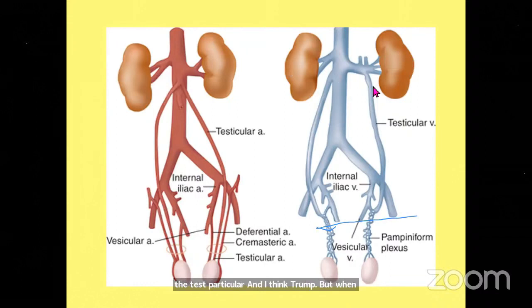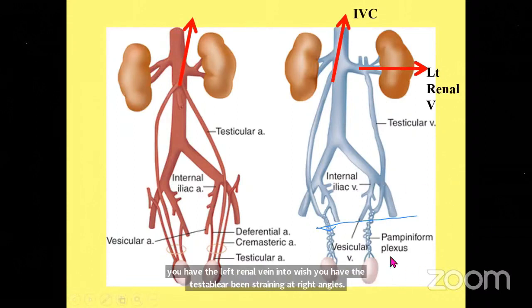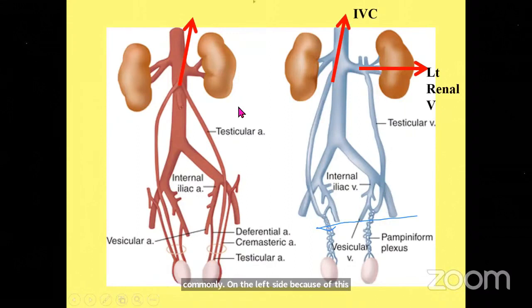But when you see the veins on the right side and left side, though they are draining into inferior vena cava, on the right side it is directly draining into inferior vena cava, whereas on the left side, we have the left renal vein into which the testicular veins drain at right angles. And that's the reason why we expect varicocele most commonly on the left side, because of this pattern of drainage.